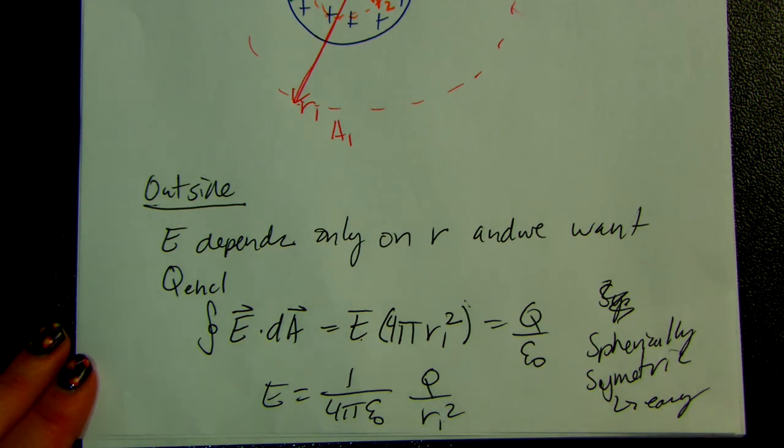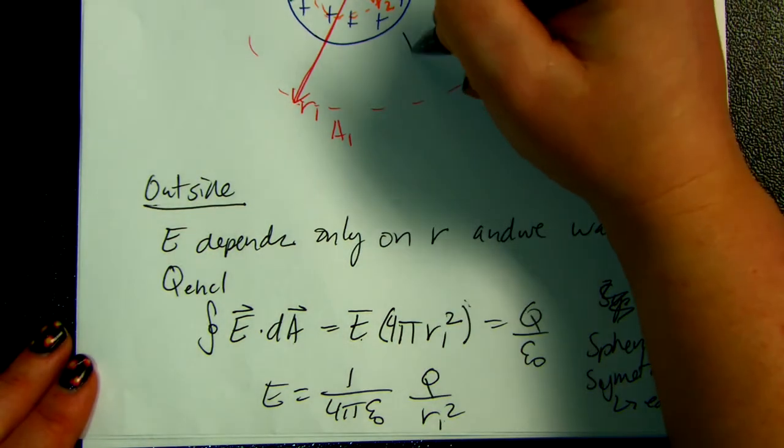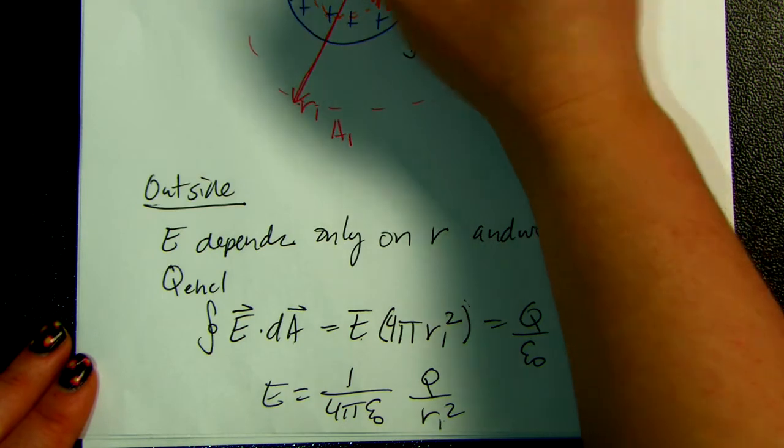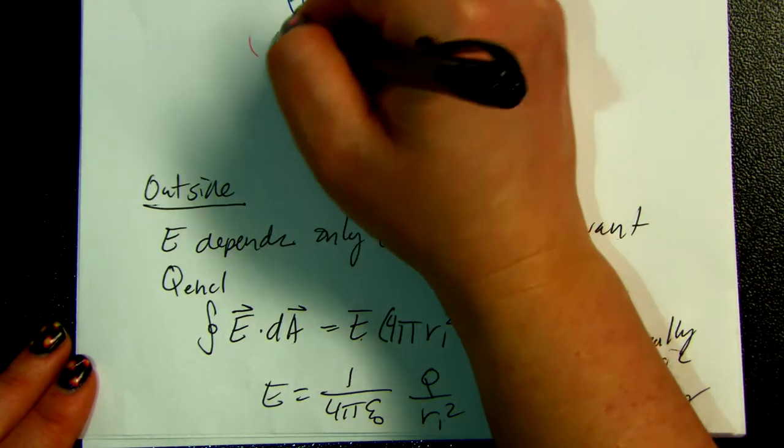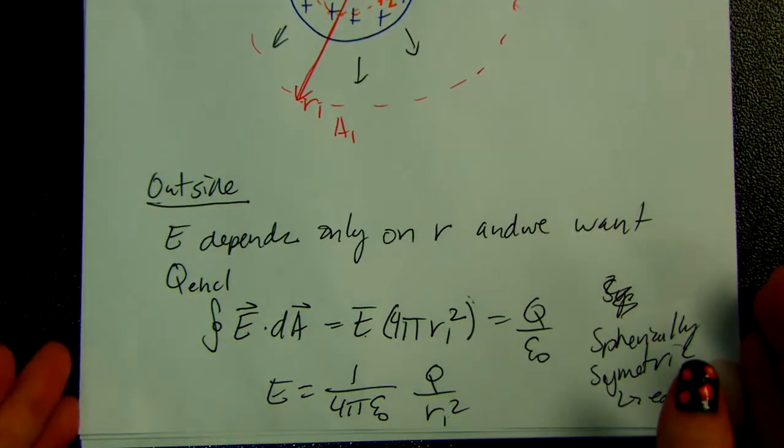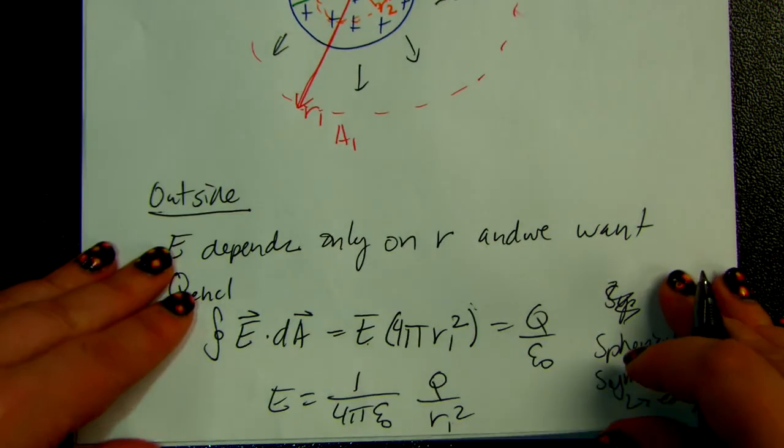And this just becomes E equals 1 over 4 pi epsilon naught, Q over R1 squared. This is spherically symmetric. It's easy. We had uniformity of electric field, all perpendicular to the surface. Beautiful. We've seen this before. Boring. Let's move on.